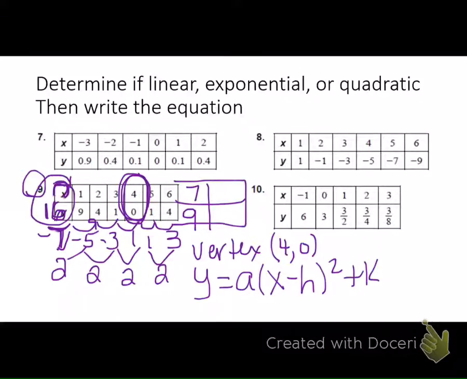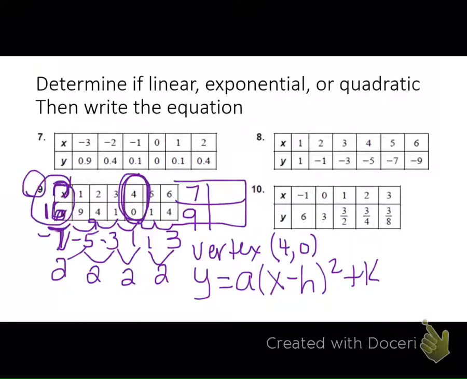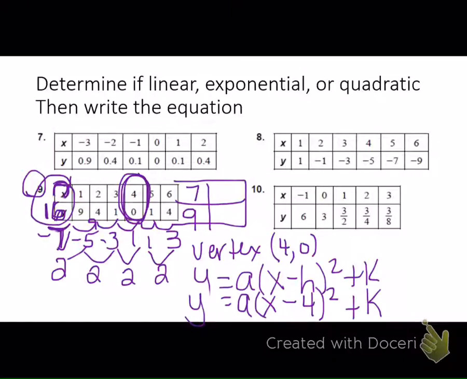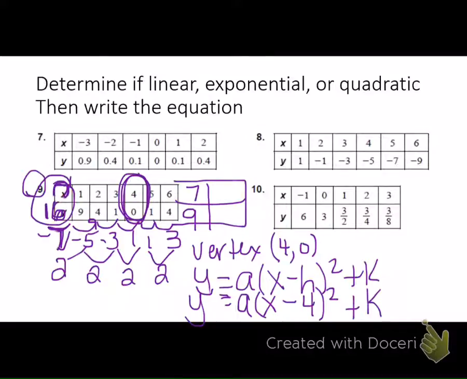So we could use the vertex form. Put in our vertex. Then you make y be 0. So it would look like a times x minus 4. Is a the axis of symmetry? No. It tells you what the vertical stretches or shrinks are going to be. Then we'd have to put a number in and solve for a.